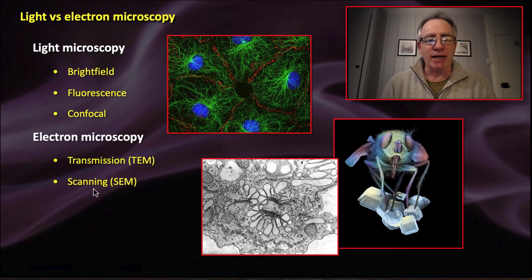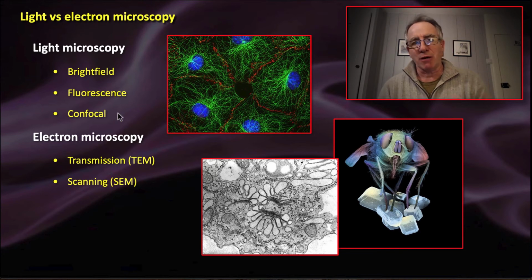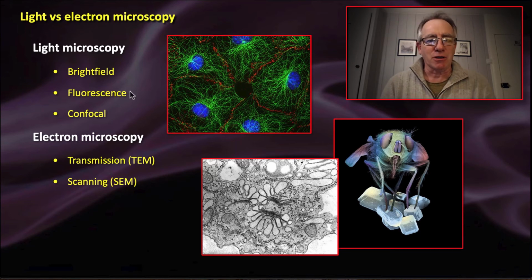And then there's scanning electron microscopy, which makes these beautiful 3D surface representations of organisms. So for this week, I'll talk about light microscopy, some of the techniques that we use in the various light microscopy applications. And then next week, I'll get more into the experimental light microscopy and the electron microscopy.